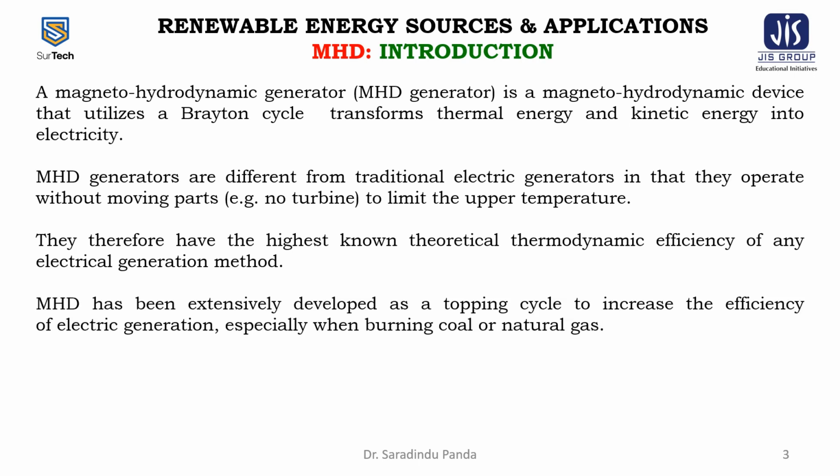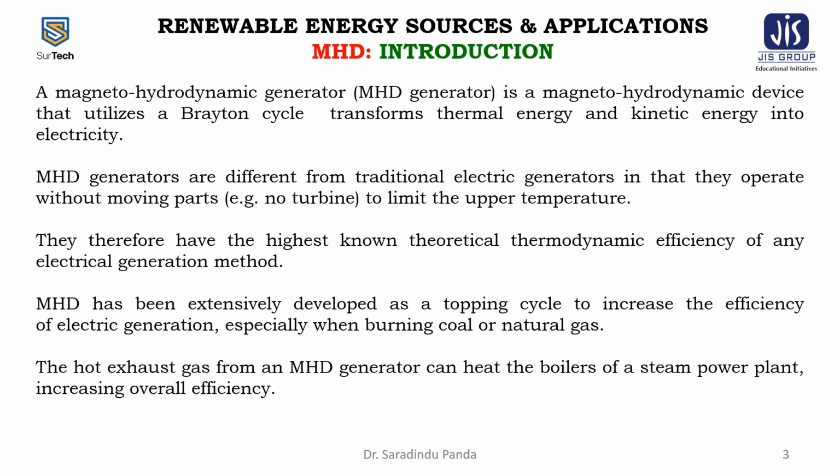MHD has been extensively developed as a topping cycle to increase the efficiency of electric generation, especially when burning coal or natural gas. The hot exhaust gas from an MHD generator can heat the boilers of a steam power plant, increasing the overall efficiency.